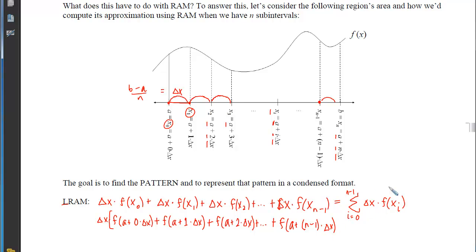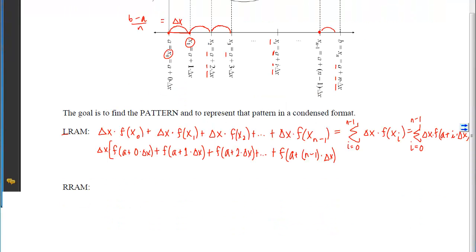So if I want to rewrite this again, I can say that this is the same as the summation of delta x times f of a plus i of those delta x's. And again, I will start at 0 and end at n minus 1.